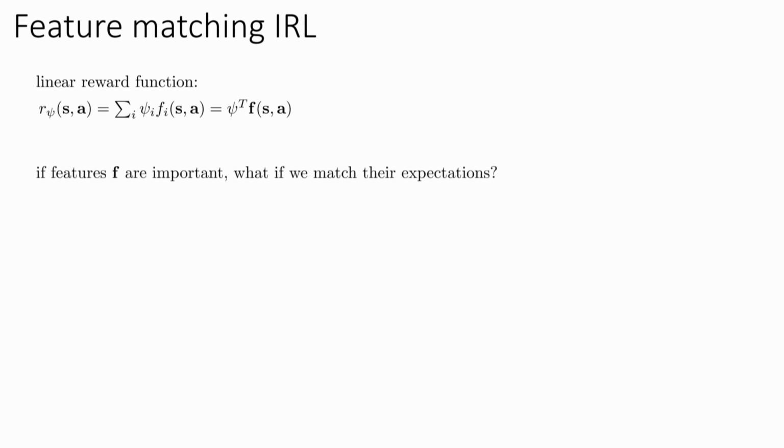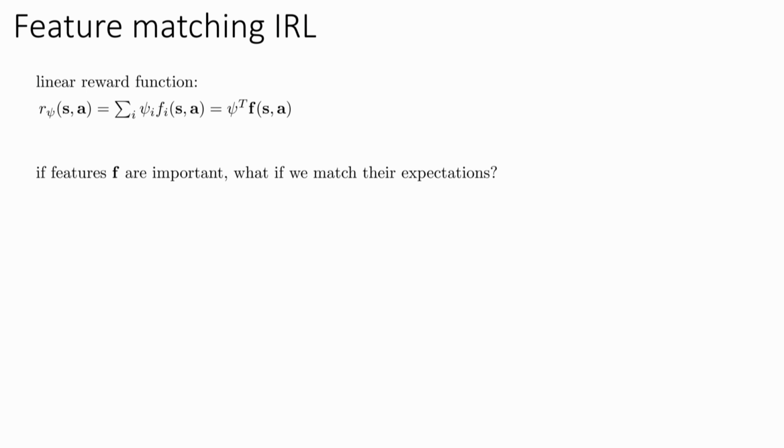So if the features are the things that are important, what if we disregard everything else, just pay attention to the features and say, find me a reward such that its optimal policy has the same feature expectations as the demonstrations. This seems kind of reasonable because you could surmise, well, if this particular feature has an expected value of 37, and I'm also getting an expected value of 37, I probably found a reward that results in a behavior that matches the demonstrator, at least in regard to those features that you gave me, which are presumably the things that you care about.